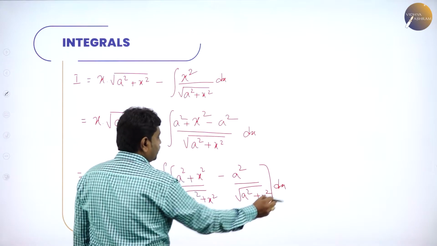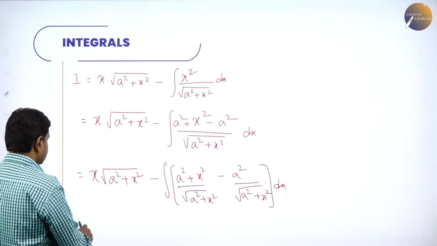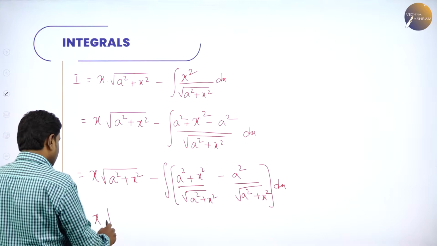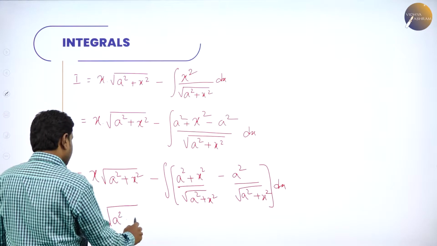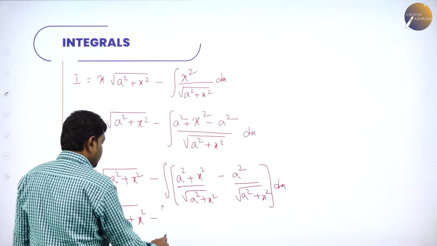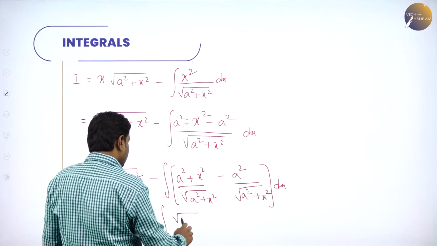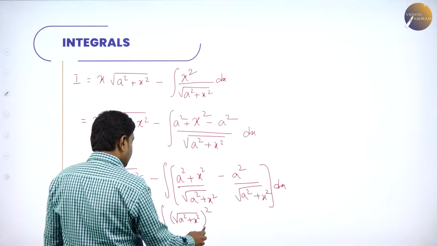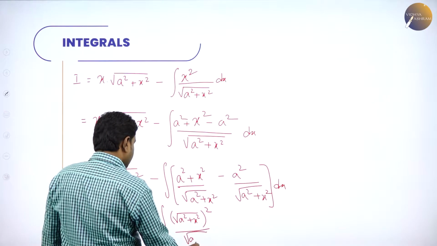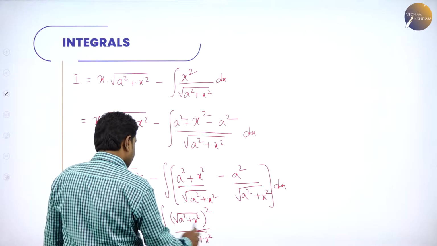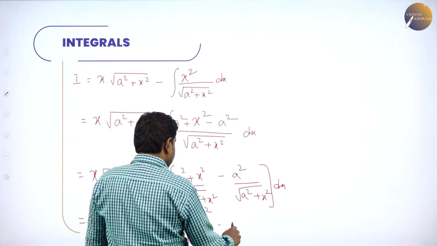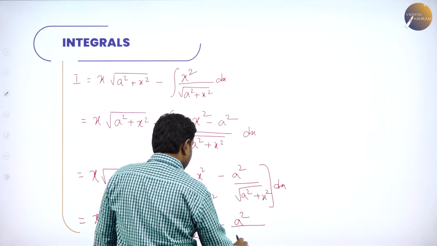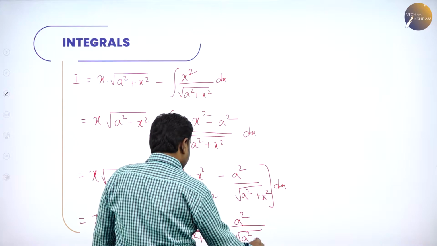So now simplify this further. So this is x into root of a square plus x square minus, numerator I can write it as root of a square plus x square whole square divided by root of a square plus x square minus a square by root of a square plus x square dx.